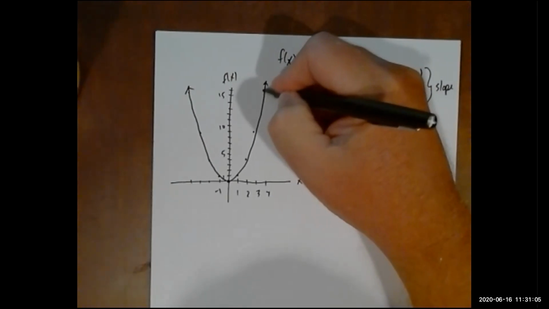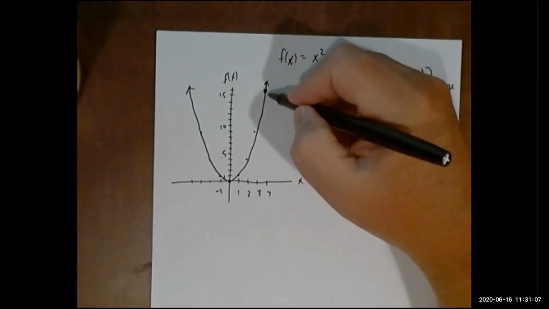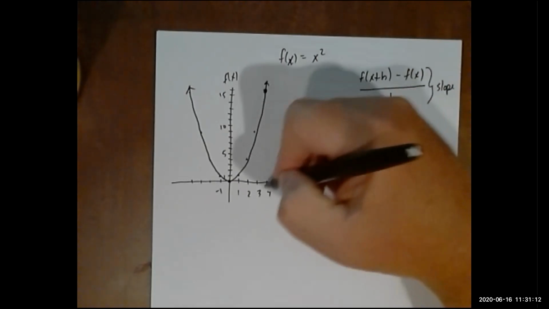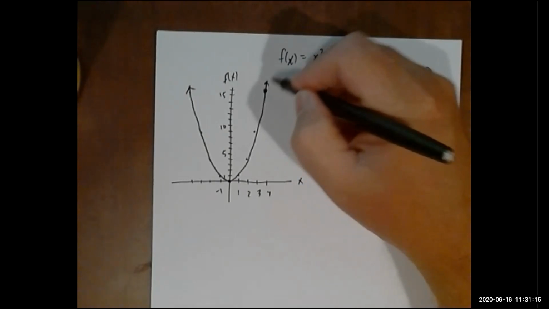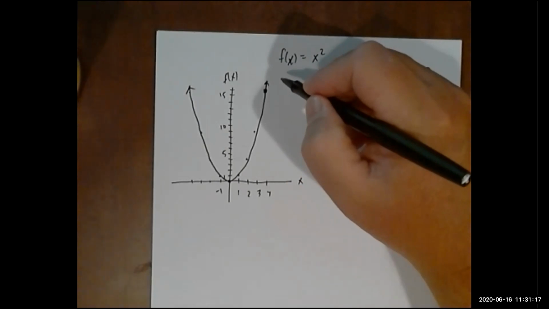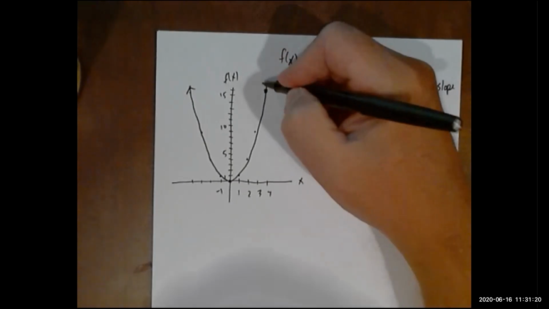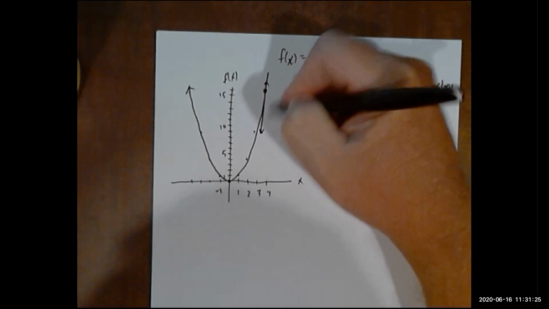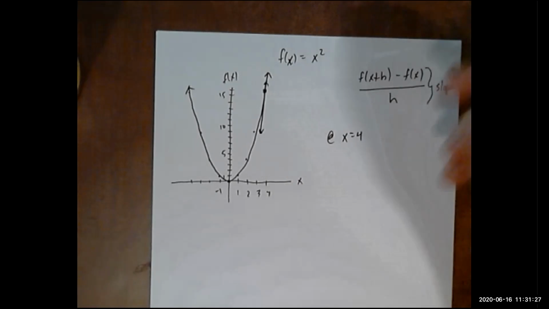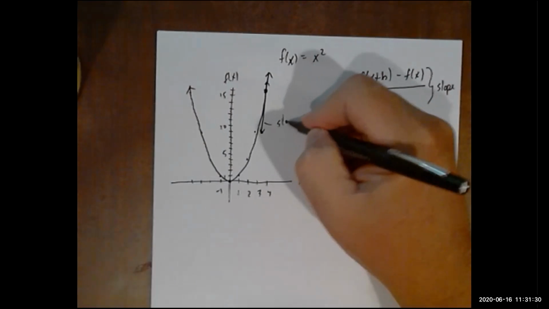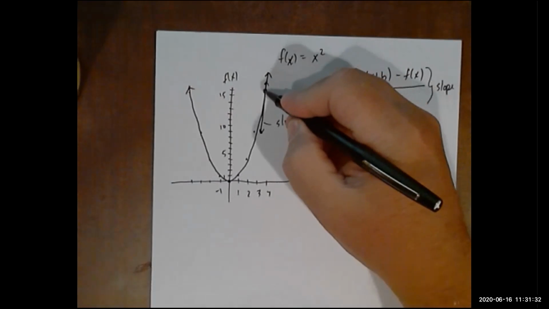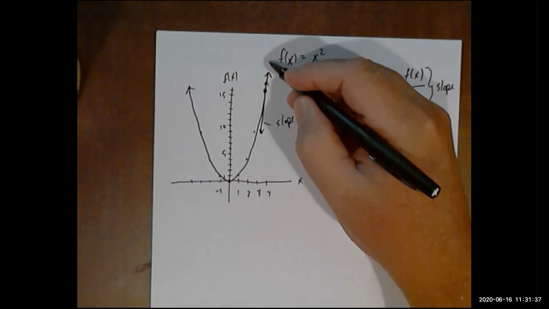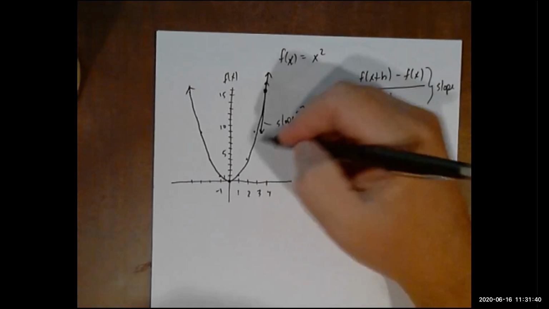So we go up to here, and basically we're asking ourselves, what's the slope of this curve at x equals 4, which is this point right here. Now, when you have a curve, the way we think about the slope is with what's called the tangent line. You've been studying these tangent lines. So really, the slope at this point where x is 4 is the slope of this tangent line.